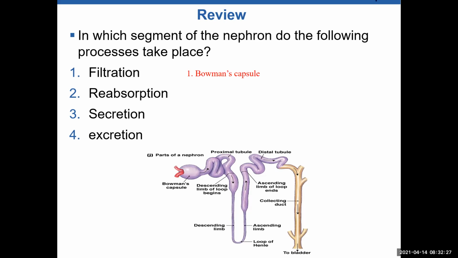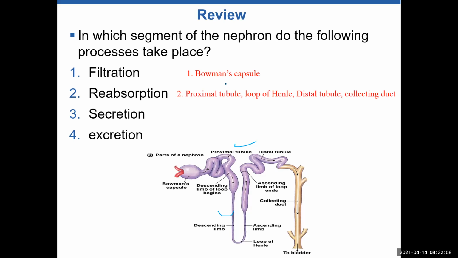Yes, in the tubule. But where in the tubule? The tubule has three parts: proximal, loop of Henle, and distal convoluted tubule. Remember that reabsorption takes place in all three parts.